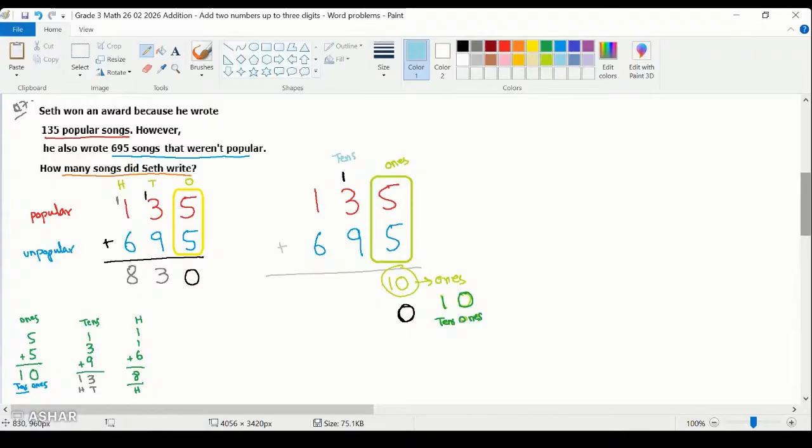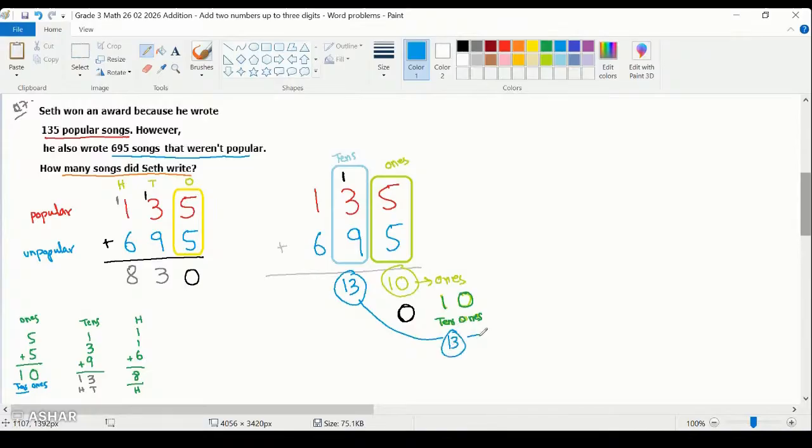Thank you, Precious. That means how many tens do we have now? Let's look at the number of tens that we have now. We have 1 plus 3 is 4, 4 plus 9 is 13. So now we have 13 tens.